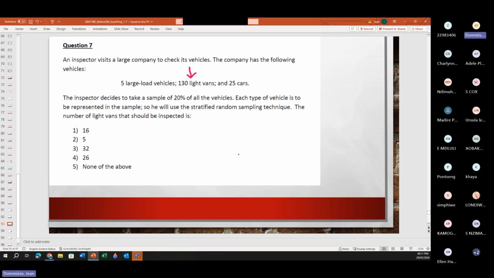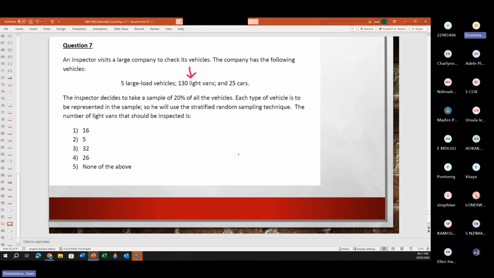The number of light vans that should be inspected is... Any idea what you would have done here? Okay, so we only need to find out how many light vans.